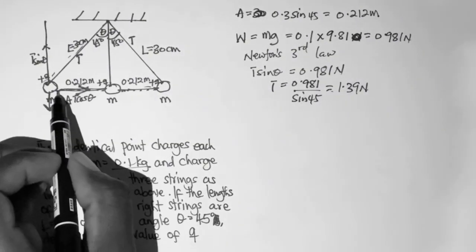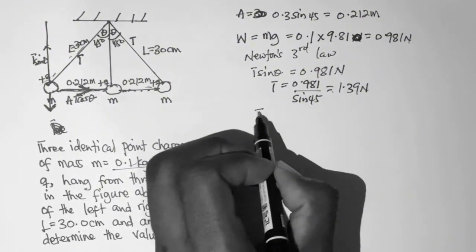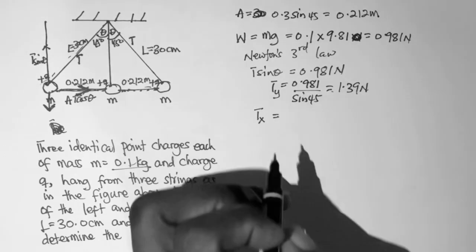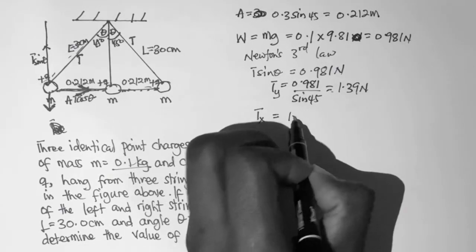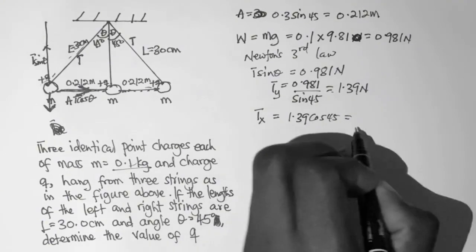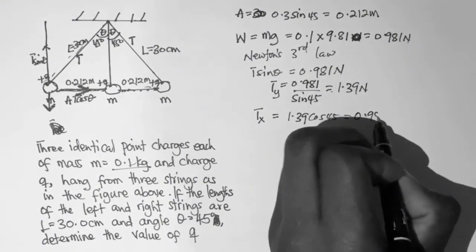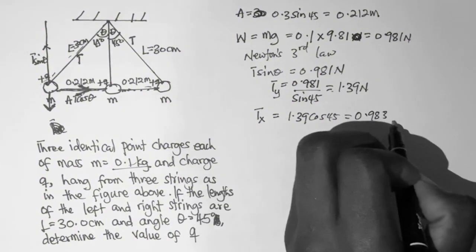So we can find the horizontal component of the tension, Tx. It's just going to be 1.39 cos 45, and that will give us 0.983 newtons.